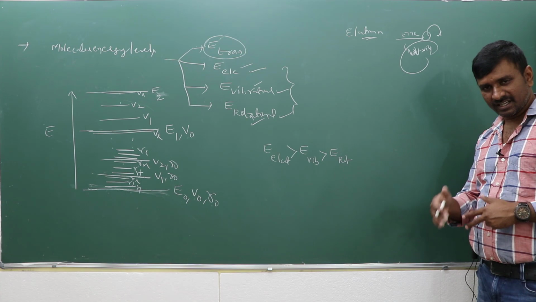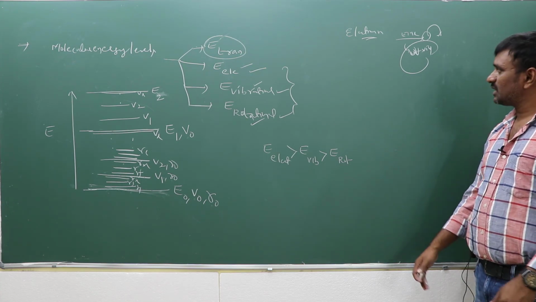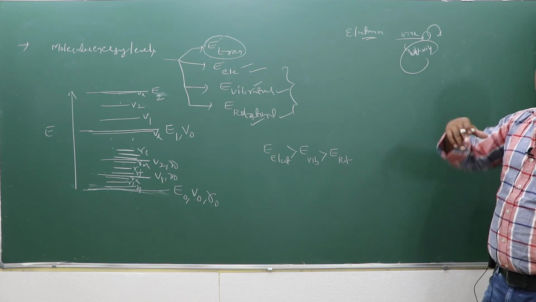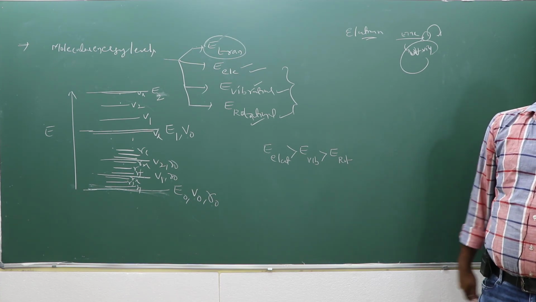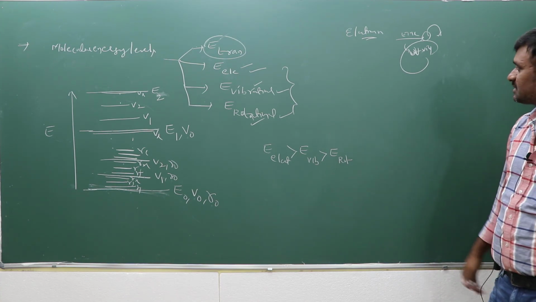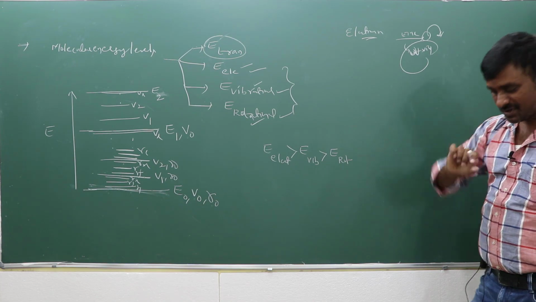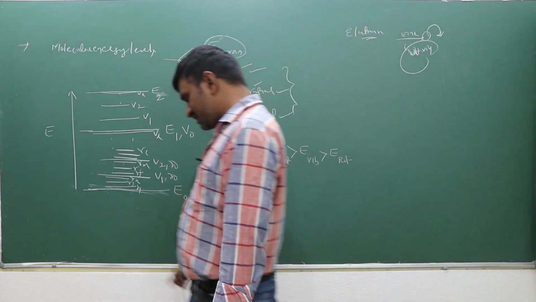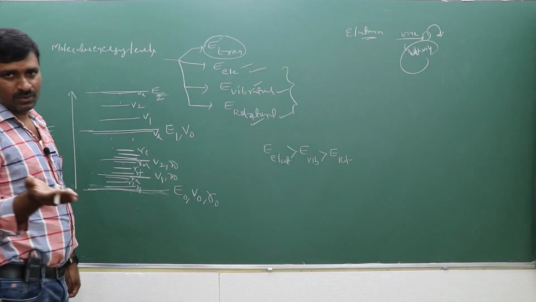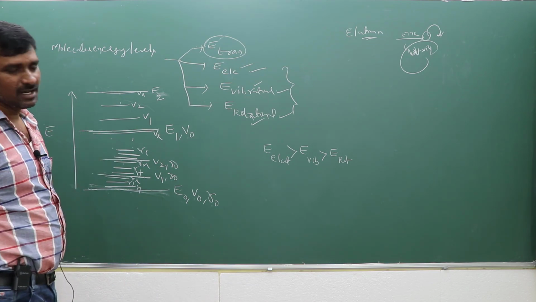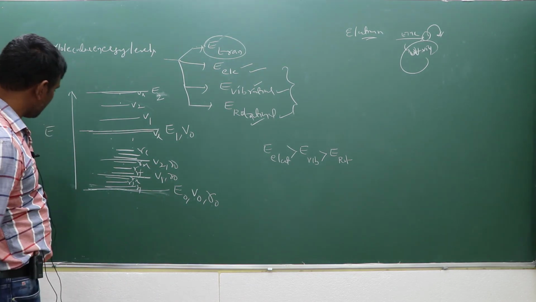That means the electron is redistributed between the different energy levels. Electronic transitions take place, so electronic energy levels change, from one electronic level to another by absorption of UV visible radiation.